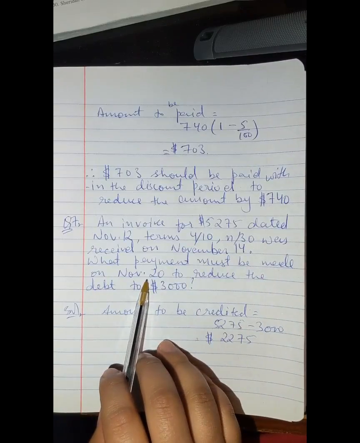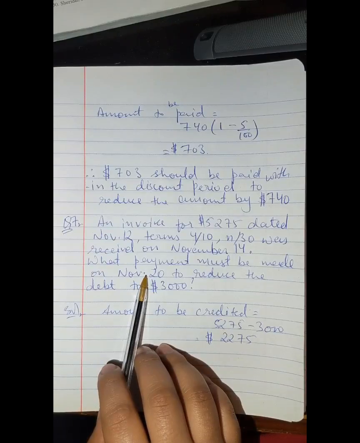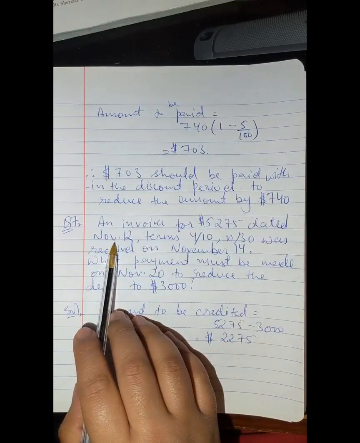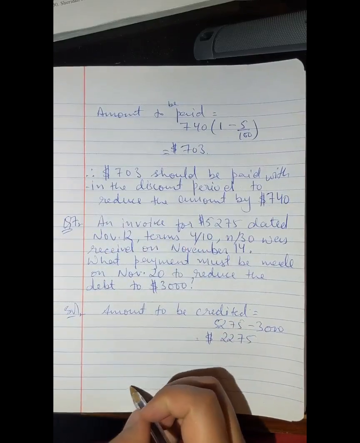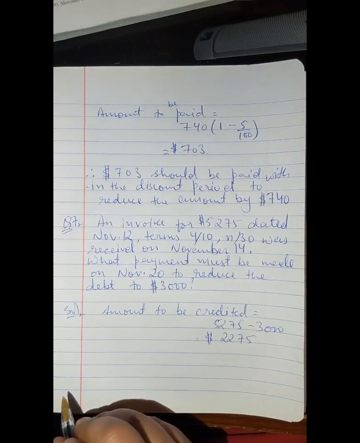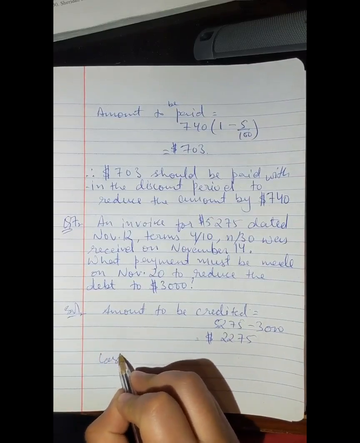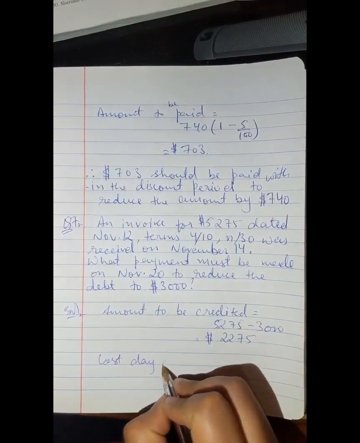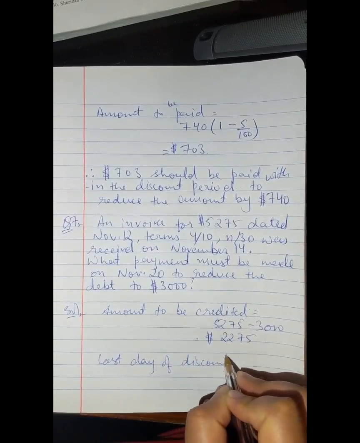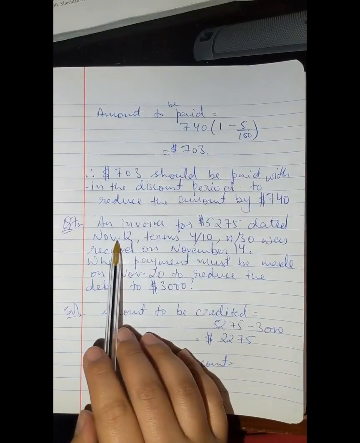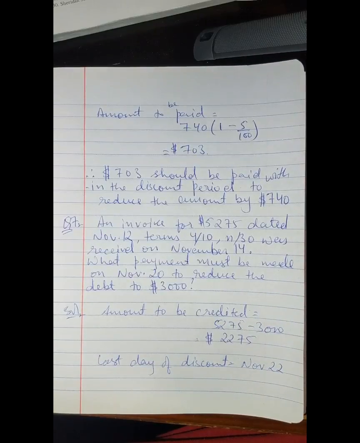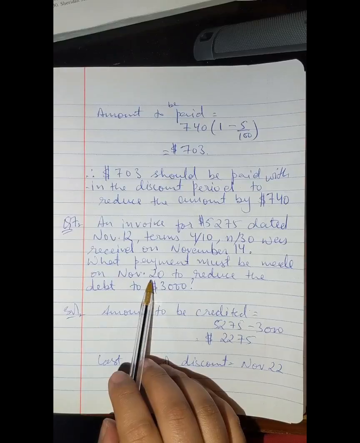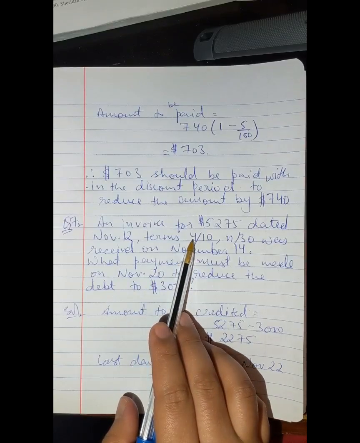So this is how much we need to pay, and we are paying on November 20th. We just need to check whether this date comes within the discount period or not. Invoice date is November 12th. 4% discount within 10 days. Let's find the last day of discount: 10 days from November 12th is November 22, and we paid on November 20th. So we will receive a 4% discount. How much do we need to pay?